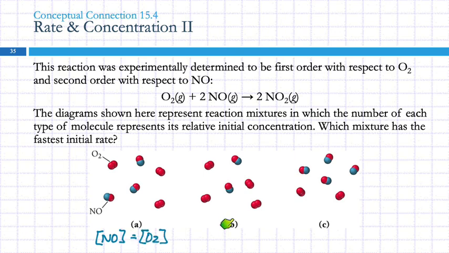In panel B, we have more oxygen than NO. So the NO concentration is less than the oxygen concentration. And in the third panel, we have more NO than oxygen. Oops, that's not NO. That's NO2. Great.